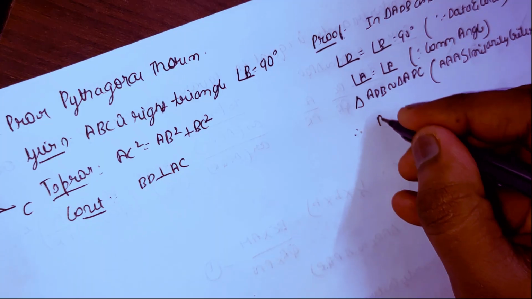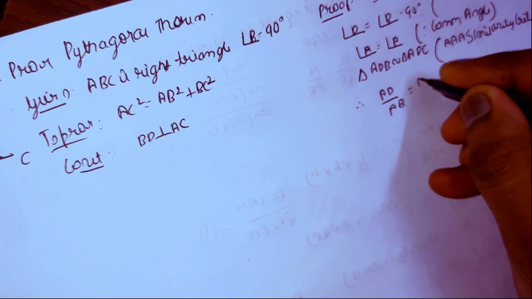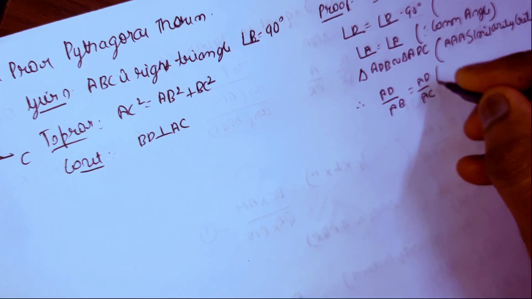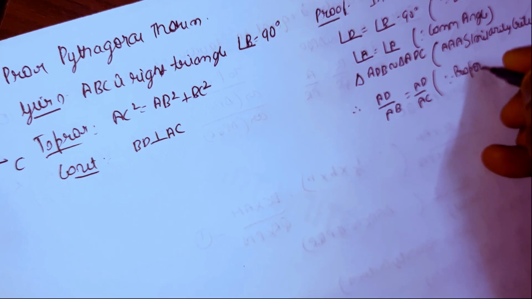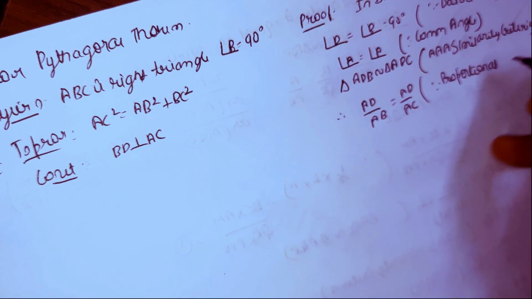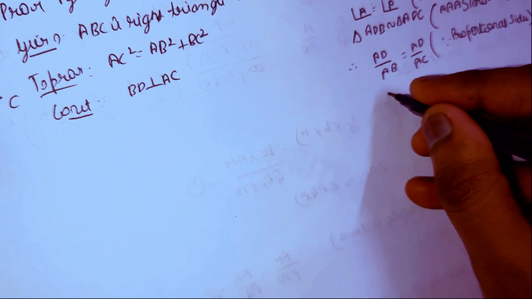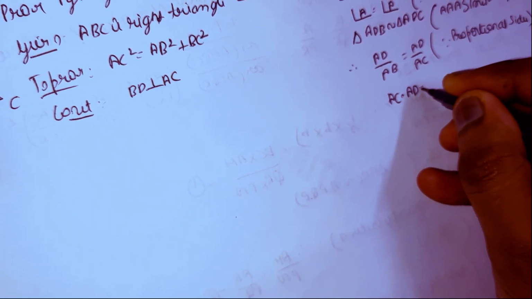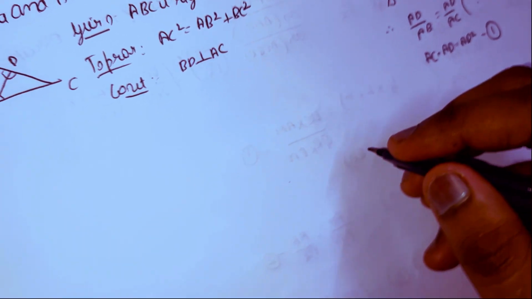This becomes AD by AB is equal to AB by AC. This is by proportion of sides. So that gives AC into AD is equal to AB square. Consider this as the first equation.